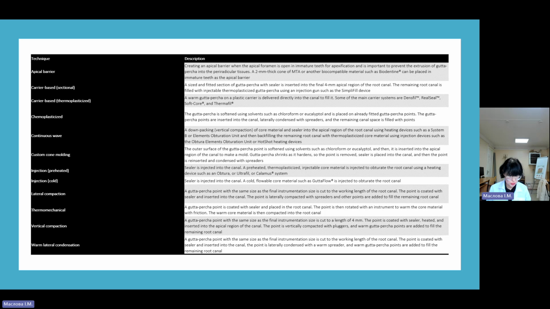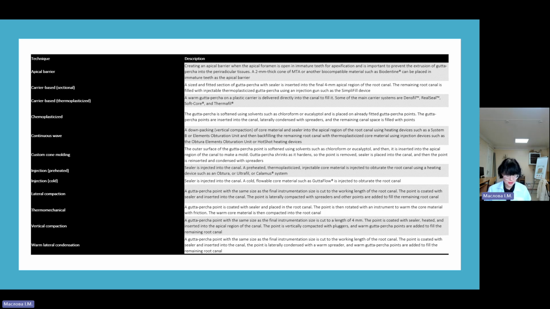Gutta-percha has two crystalline forms. In its unheated beta phase, the material is solid and compactable. When heated, it changes to the alpha phase, becoming more pliable and capable of being made to flow under pressure.